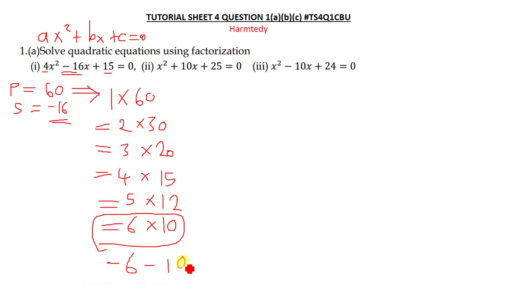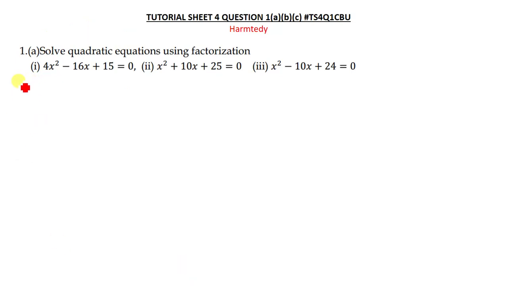So negative 6 minus 10, you get negative 16. So we've found our factors: negative 6 and negative 10.